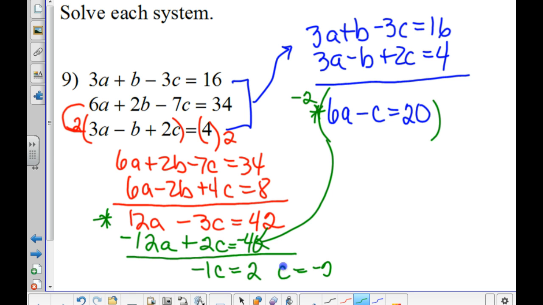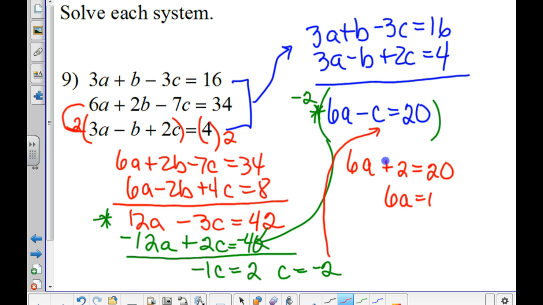C is -2. Did you already do this one, Noah? You're supposed to be helping me out here. Working ahead so I know if I made a silly mistake. If I plug this back in, I'm going to pick here 6A plus 2 equals 20. I got A is 3.